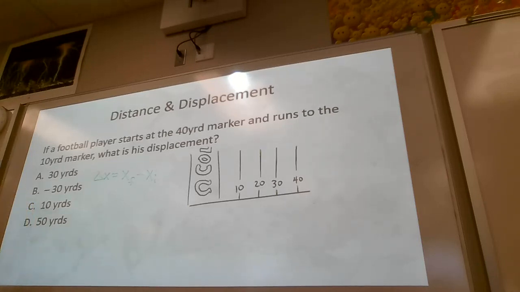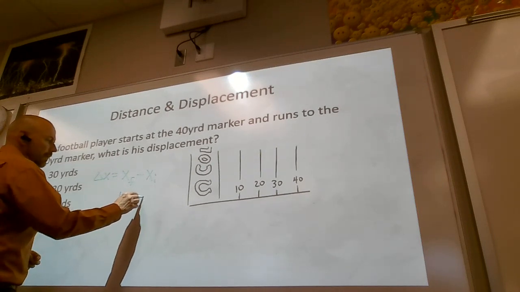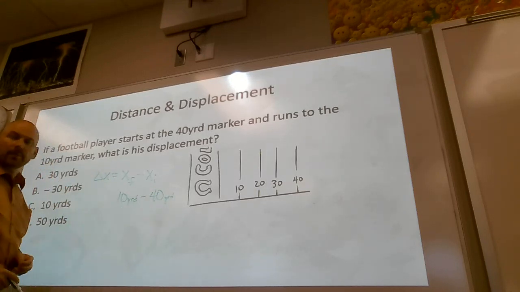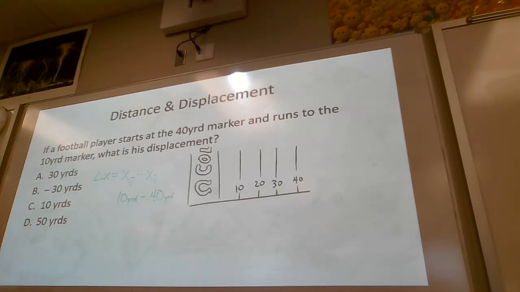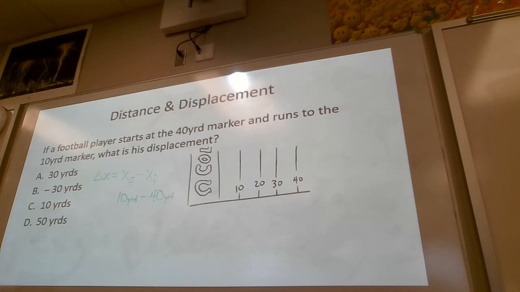So you ended up at the 10 and you started at the 40. Good with that? You ended up with a negative 30 yards displacement.